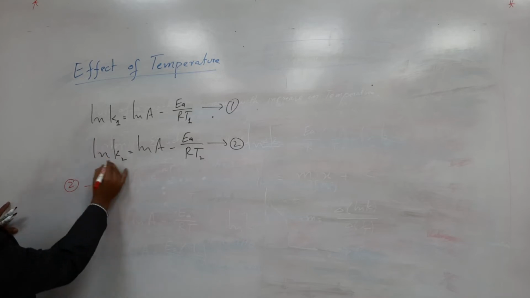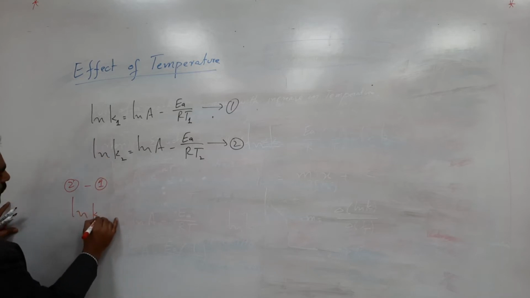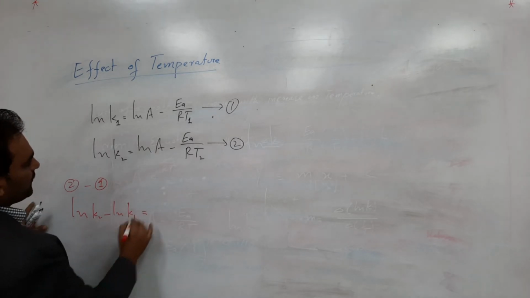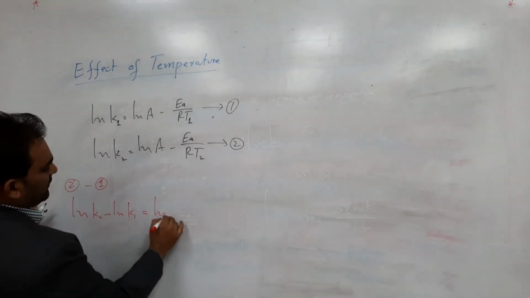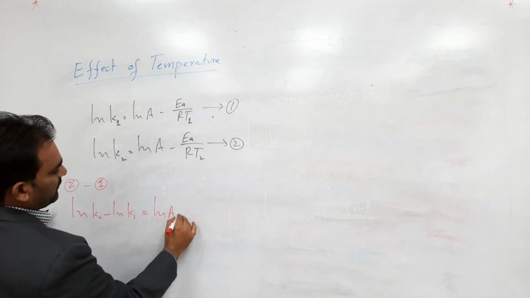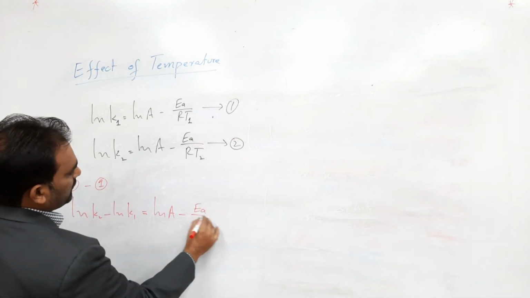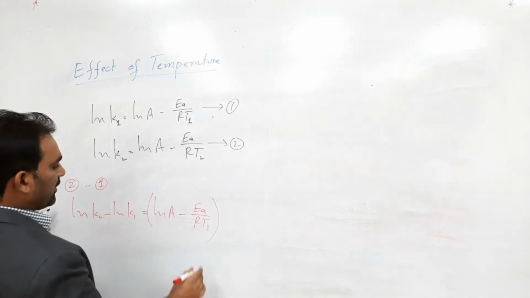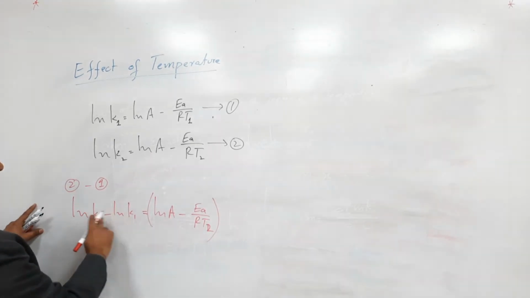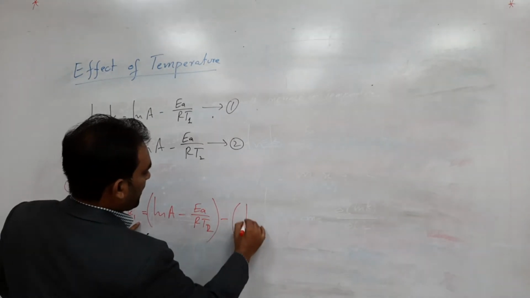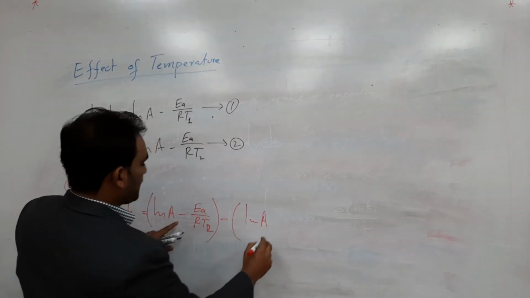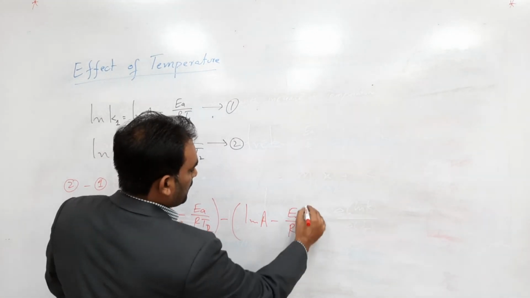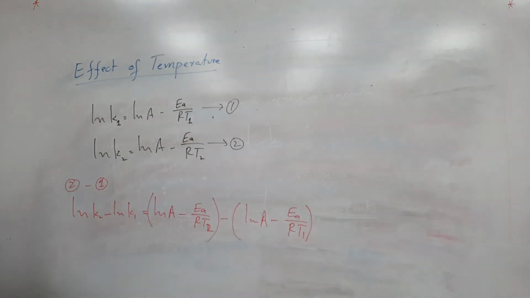What will you get? Natural log of K2 minus natural log of K1 is equal to minus EA over RT2 minus (T2 minus T1).